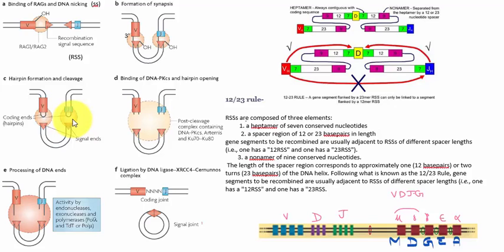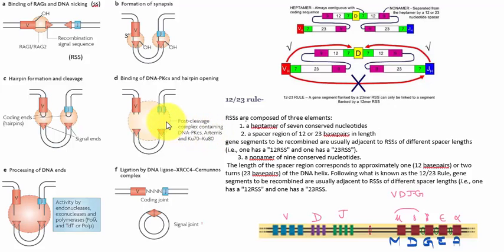Then the coding ends are further processed by some other proteins. So the fourth step is binding of DNA protein kinases and hairpin opening. Okay. So the additional proteins, the DNA-dependent protein kinase and a dimer of DNA ligase IV and XRCC4, are incorporated into a large complex with the RAG proteins.